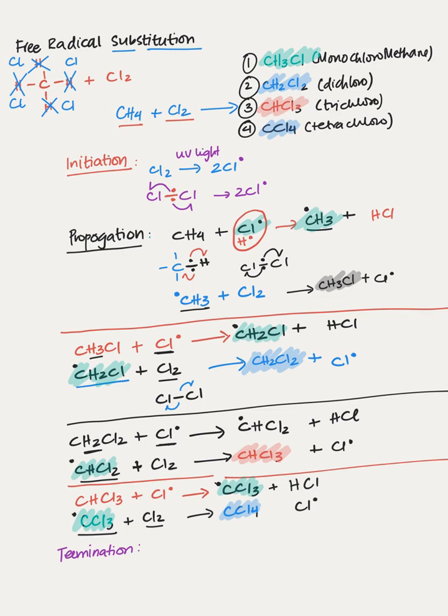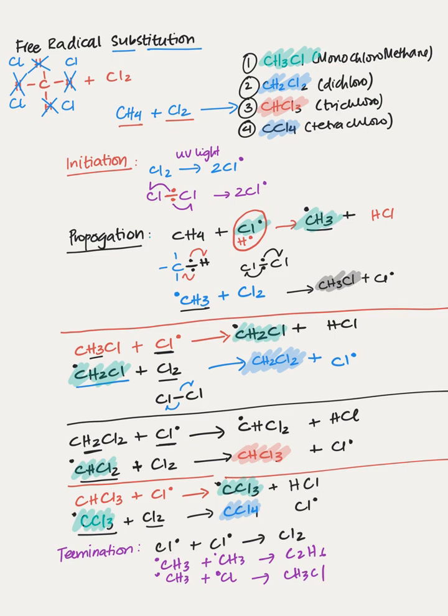For example, let's take two Cl radicals. Two Cl radicals join to give a Cl2 molecule. Or let's take two methyl radicals, two CH3 radicals giving C2H6, or maybe a CH3 radical with a Cl radical giving CH3Cl. This marks the end of the reaction, where two radicals come together to give us a molecule.